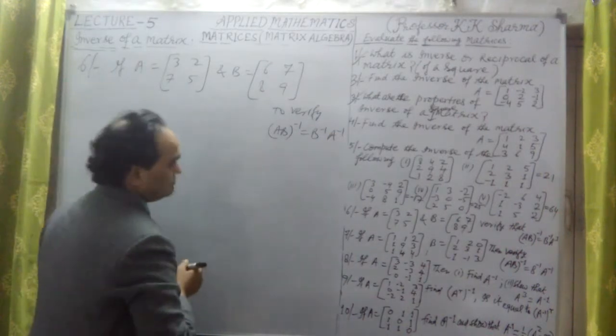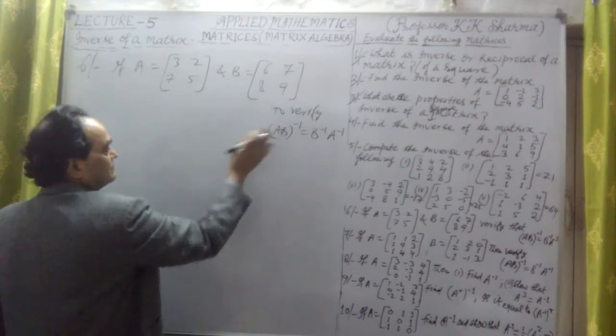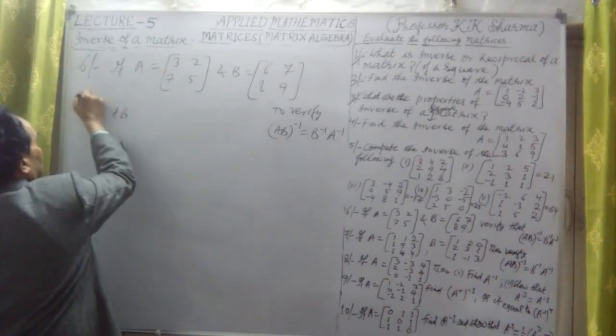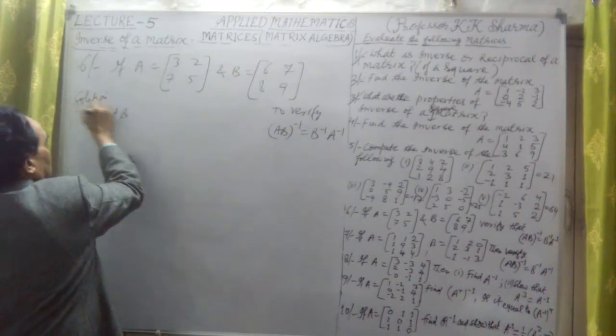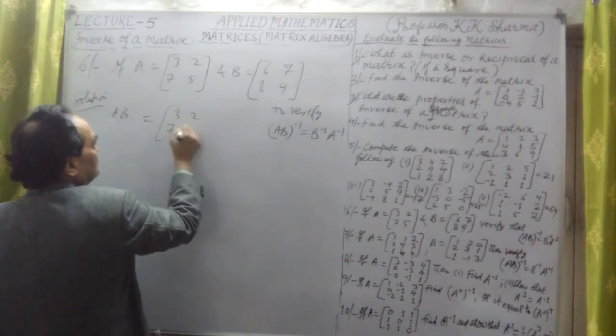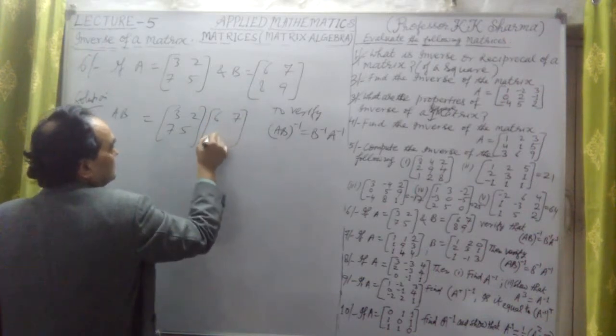Okay. Now let me find the AB multiplication. Let me find the left side first. A into B, we have to calculate. AB is equal to A, which is 3, 2, 7, 5, times B, which is 6, 7, 8, 9.